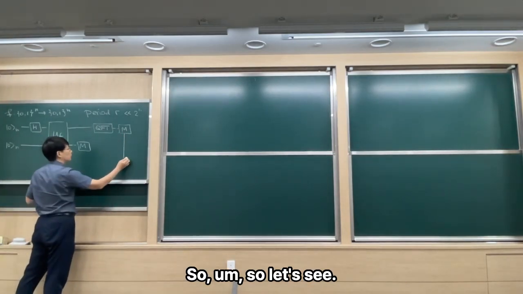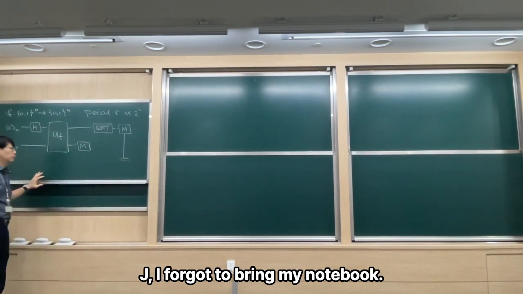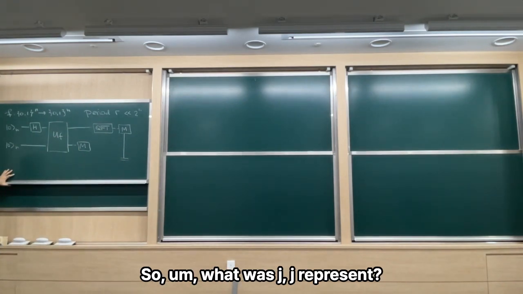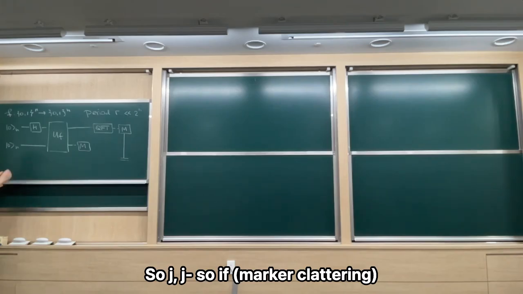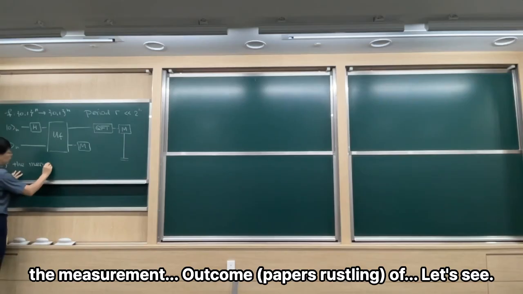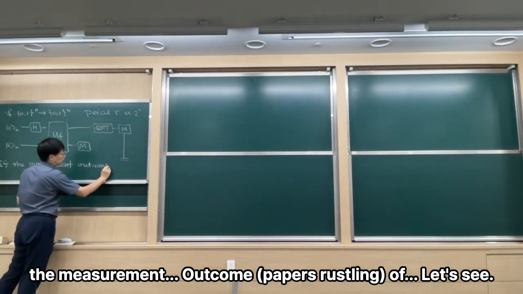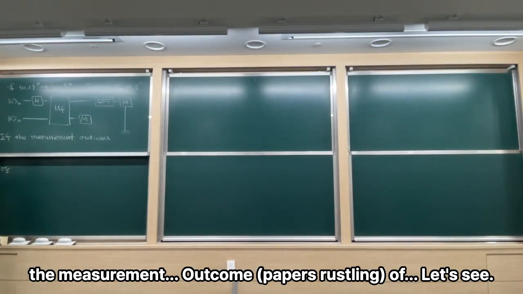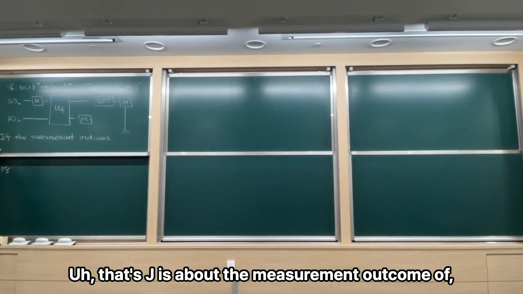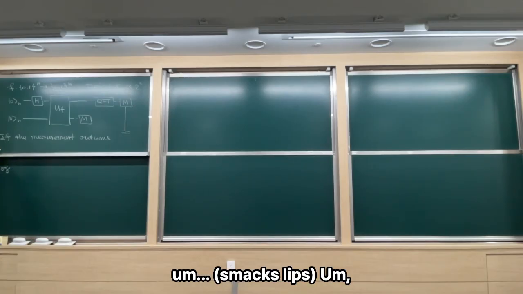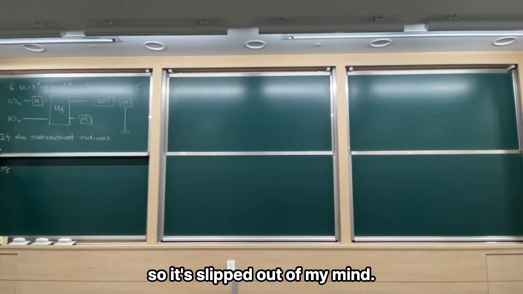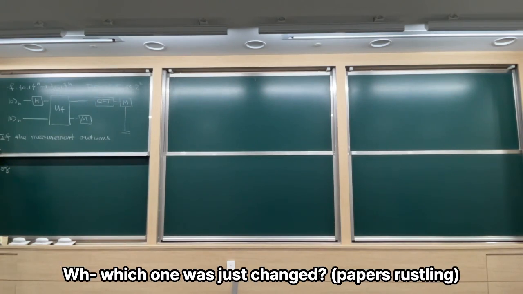So, what was it? So let's see. I forgot to bring my notebook. So, what did Zj represent? Zj is about the measurement outcome of... it slipped out of my mind. Which one was Zj?